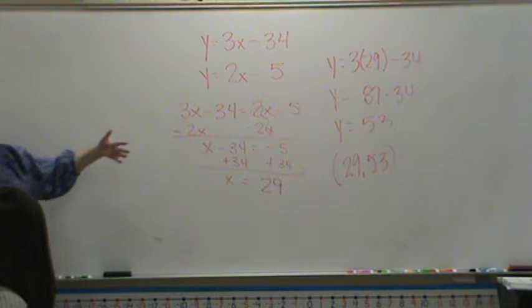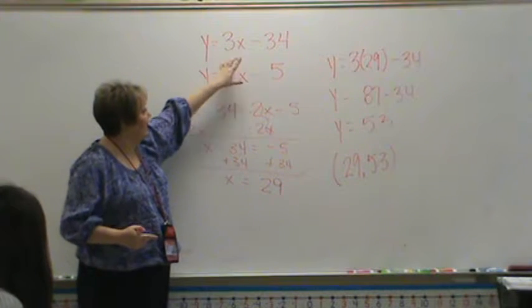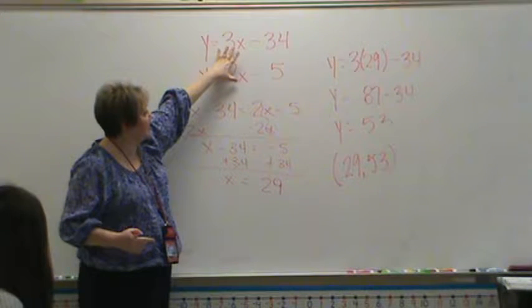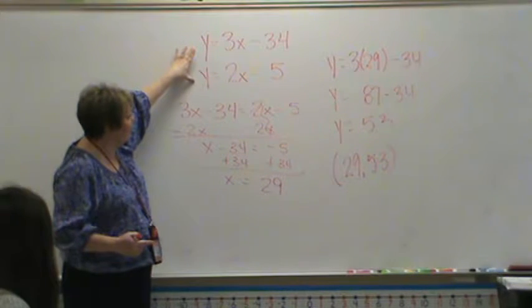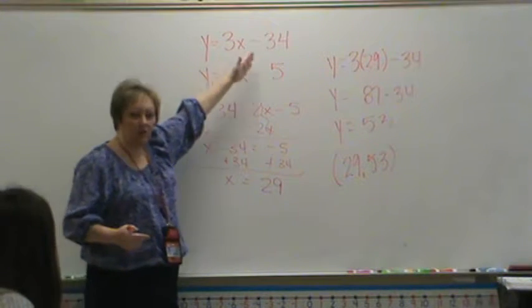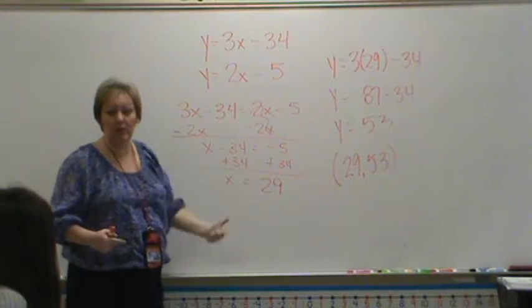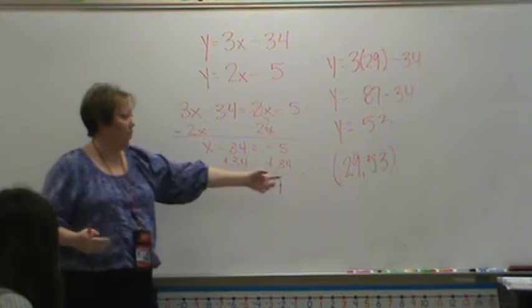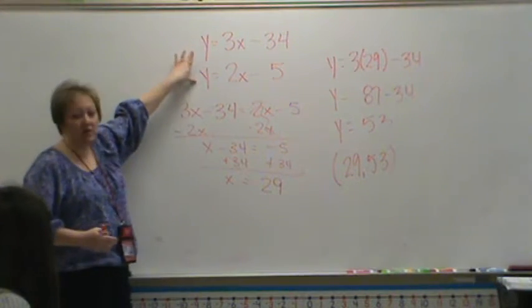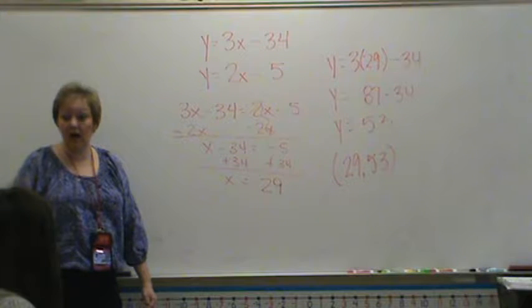That means that I can substitute 29 for x, and I can substitute 53 for y. And if I worked this out, I'm going to get the same thing on both sides of the equal sign for both equations. Again, point of intersection for these two lines. Questions or comments? Anything at all?